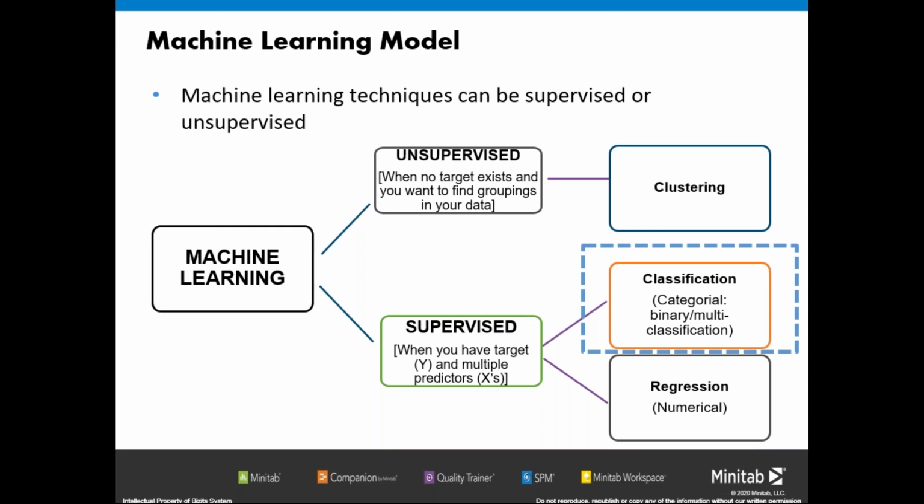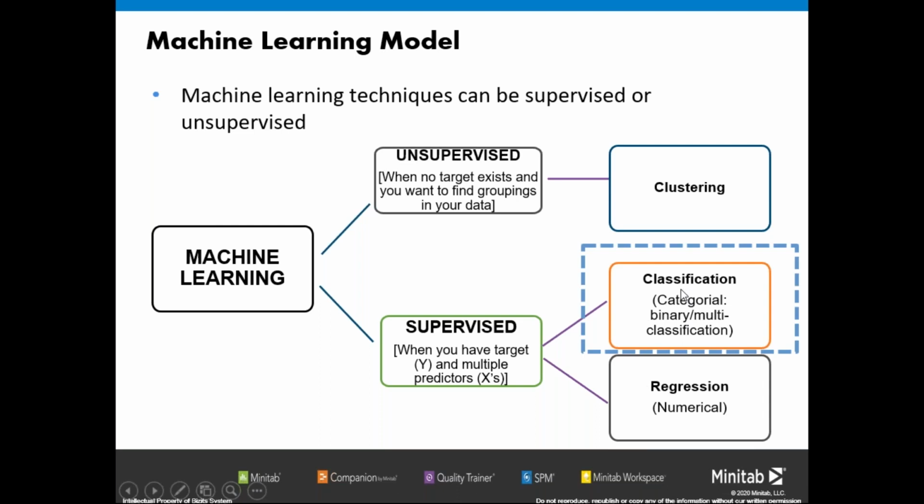And for the supervised, we have a target, and then we have multiple predictors. The target, as we know, is Y, the Y variable, and the Y variable can be classification or regression.